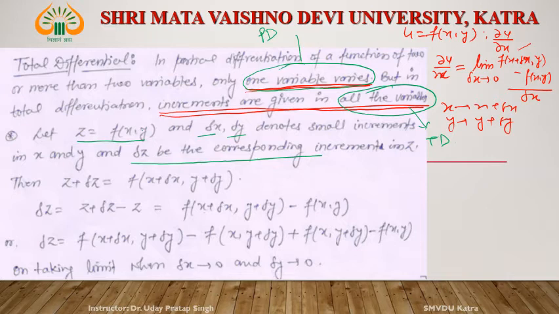Now what is Δz? z plus Δz minus z, that is f(x+Δx, y+Δy) minus f(x,y). This is Δz. Now subtracting this term and adding this term from the above equation in this equation, right? And taking the limit Δx, Δy tending to 0, we obtain dz.